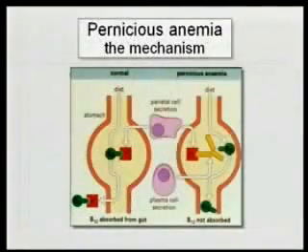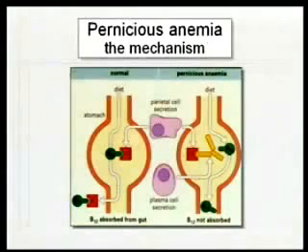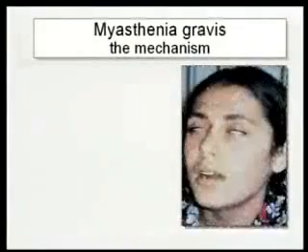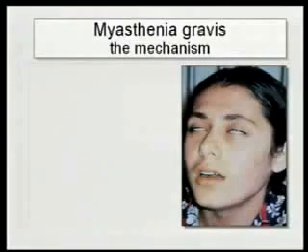Okay, intrinsic factor, just to give you a cartoon illustration: intrinsic factor normally binds to that, and B12 is absorbed, but in the patients it's blocked by the antibody, and therefore B12 cannot bind. Oral B12 is not going to help. It's got to be injected B12. Okay, myasthenia gravis: antibodies against the acetylcholine receptor.